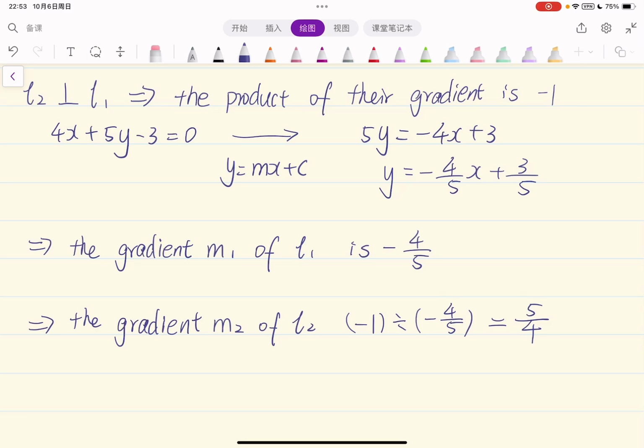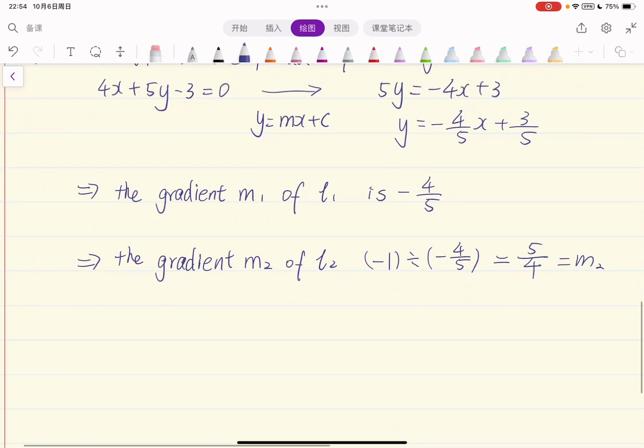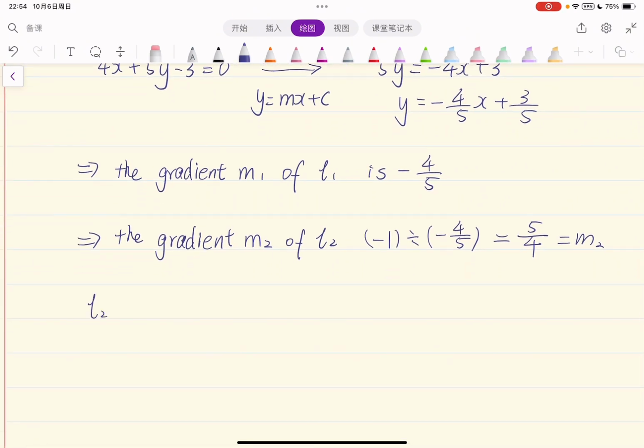We know the gradient of L2, so we can write L2 as y equals 5 over 4 x plus C2.